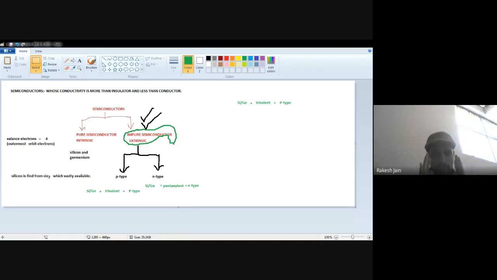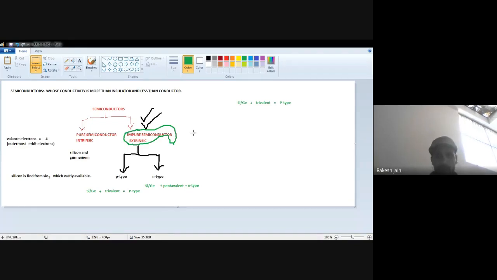Whose quantity is more, vegetable quantity or salt quantity? Yes, vegetable quantity, definitely. It means similar to that, impurity should be low and the original material should be high. It means silicon is more and impurity is low.